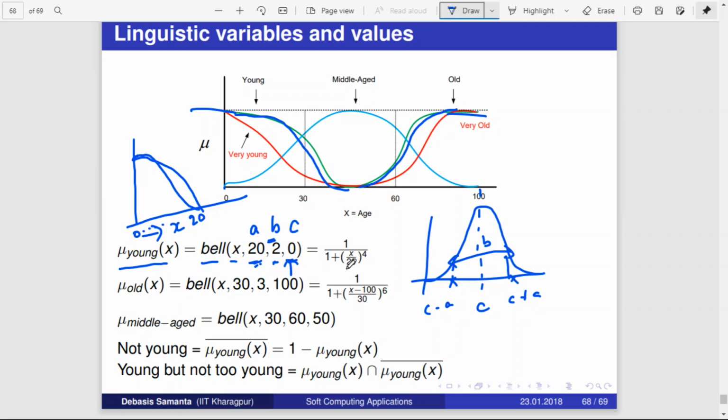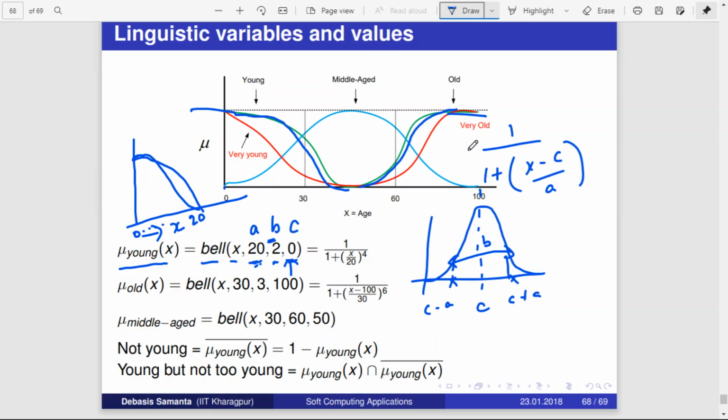If you recall the bell curve, the formula is like this: 1 by 1 plus, x minus c divided by a, to the power of 2b.